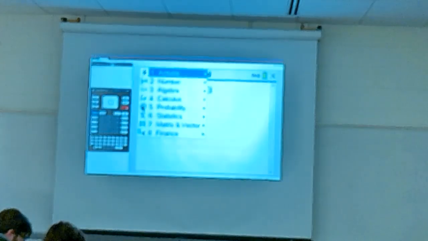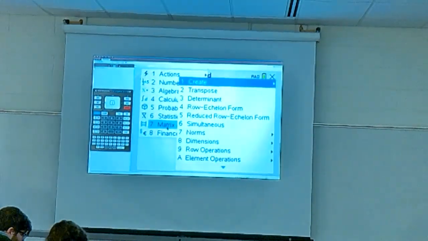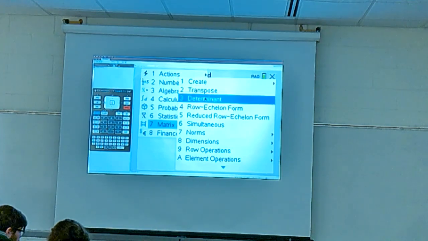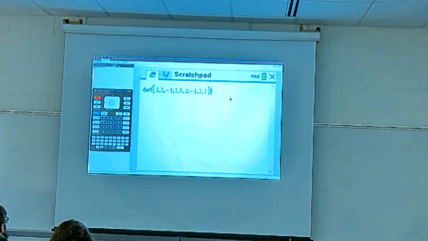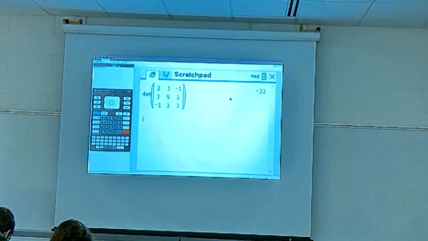All right, or again, menu, matrix and vector, 7, and determinant is option 3. And you know how to create a matrix as well. -22.